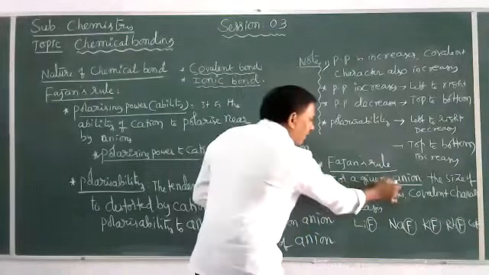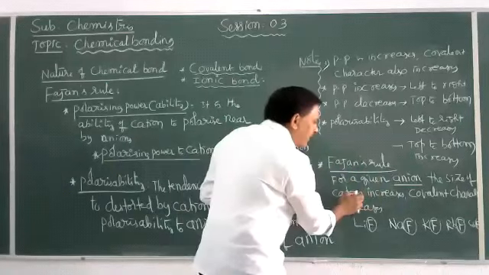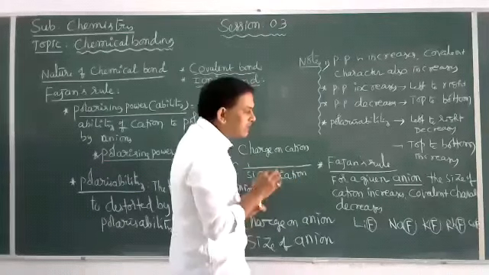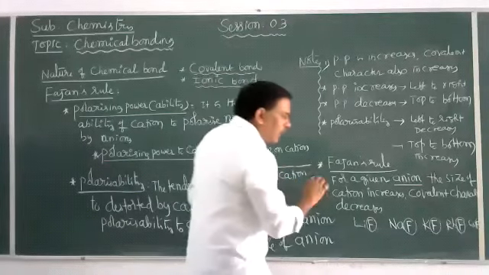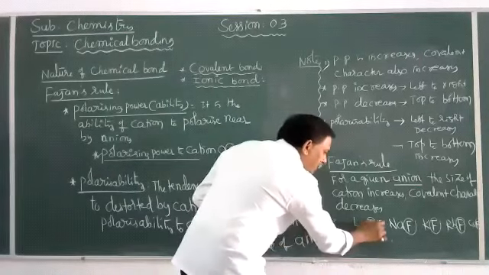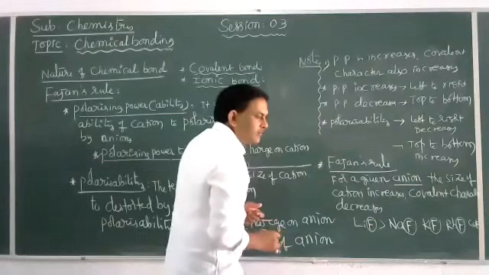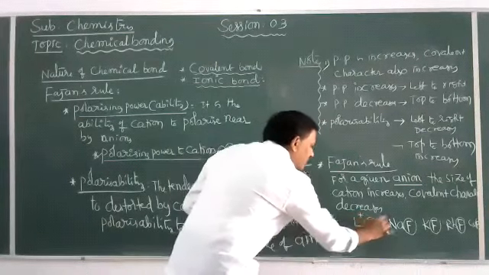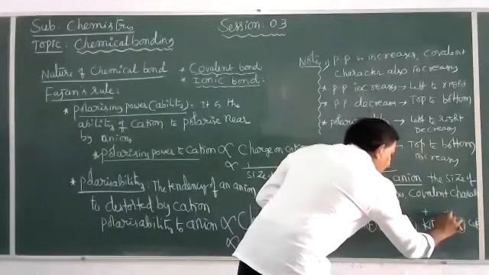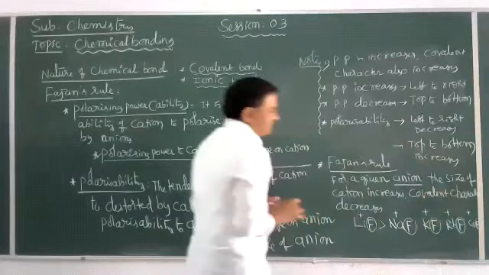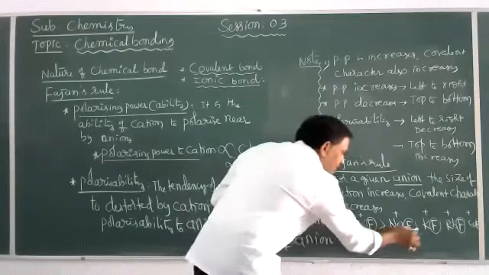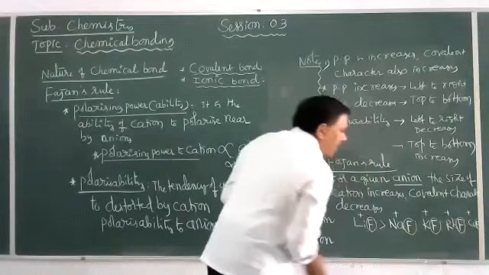That's why, for a given anion, as the size of the cation increases, covalent character decreases. So among these, LiF is more covalent, because the cations are Li plus 1, Na plus 1, K plus 1, Rb plus 1, Cs plus 1: lithium ion, sodium ion, potassium ion, rubidium ion and cesium ion.